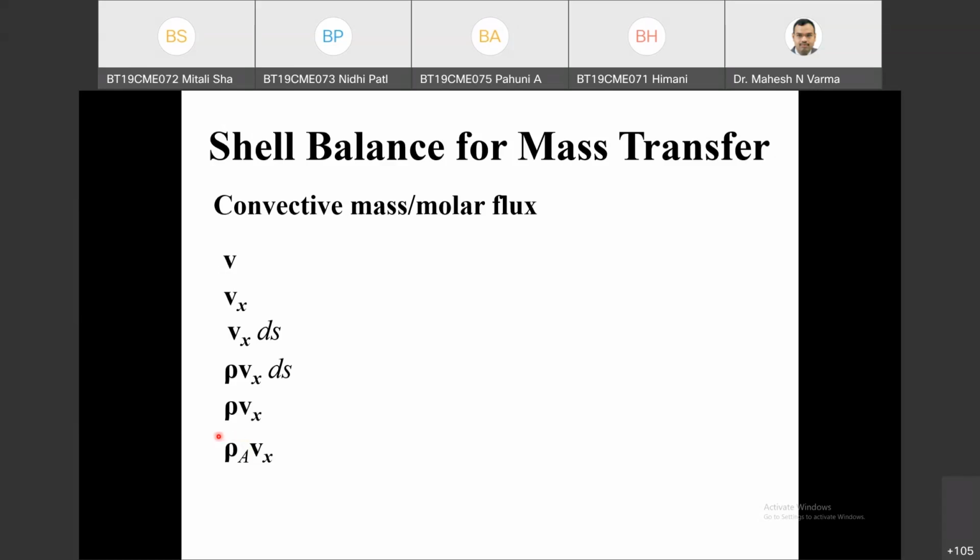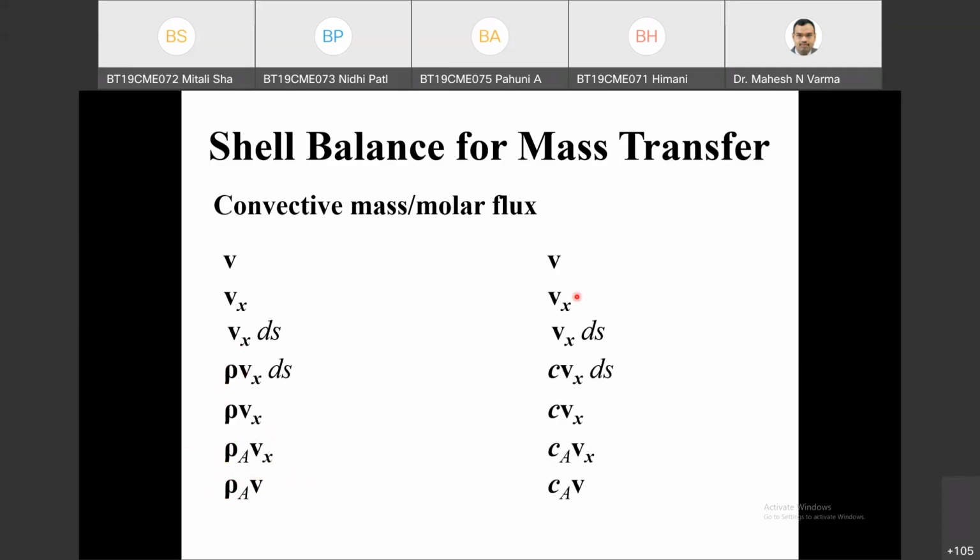So this will be the mass flux of component A in x direction, and this is the mass flux of component A in a given direction. So this is the convective flux, in terms of mass units when density is considered.